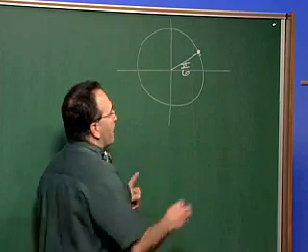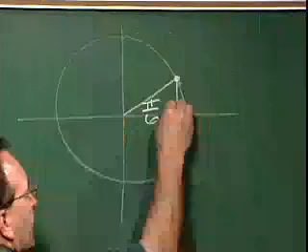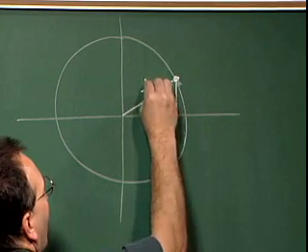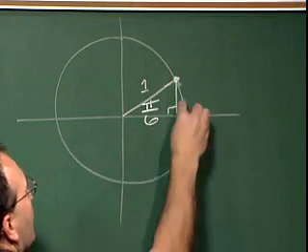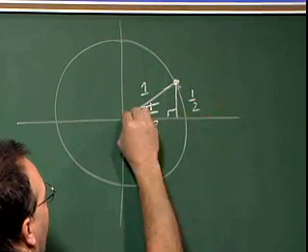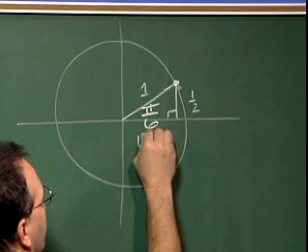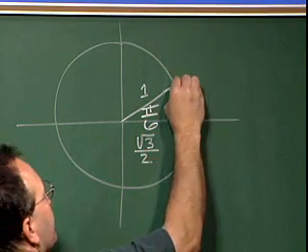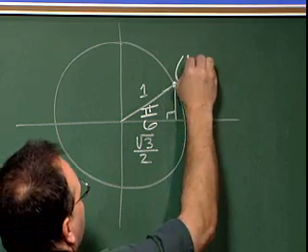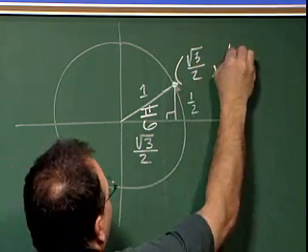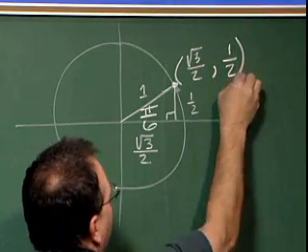Therefore, if I were to draw a triangle here, then I know this is 1. This side over here is going to be 1/2, and this side over here is going to be the square root of 3 over 2, which means this point would be labeled (square root of 3 over 2, 1/2).